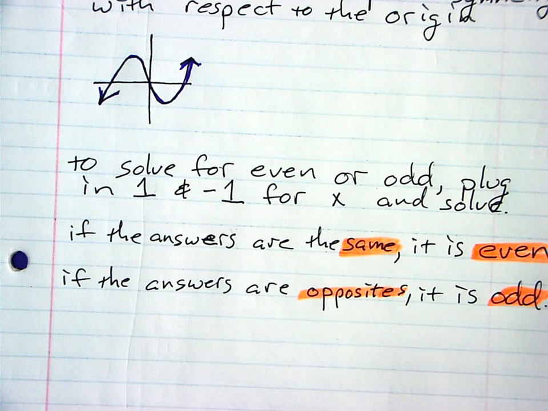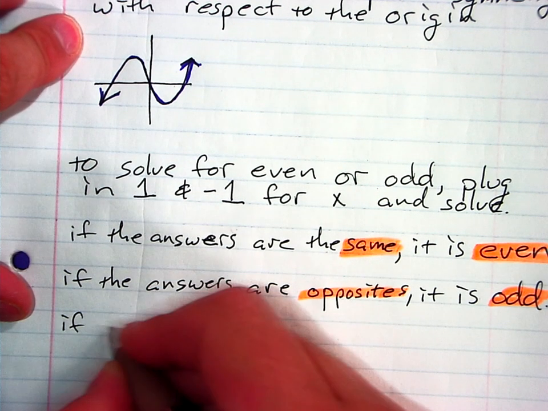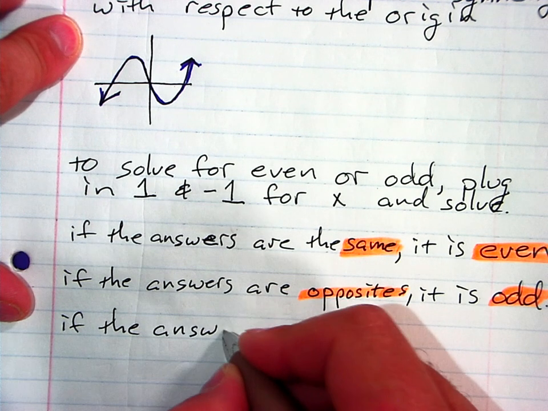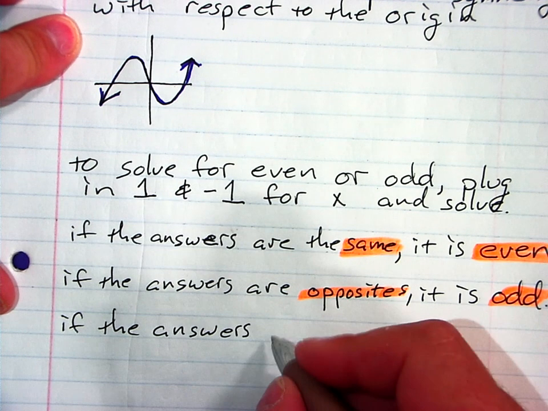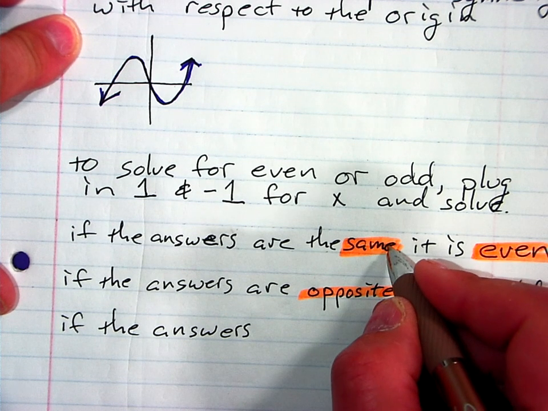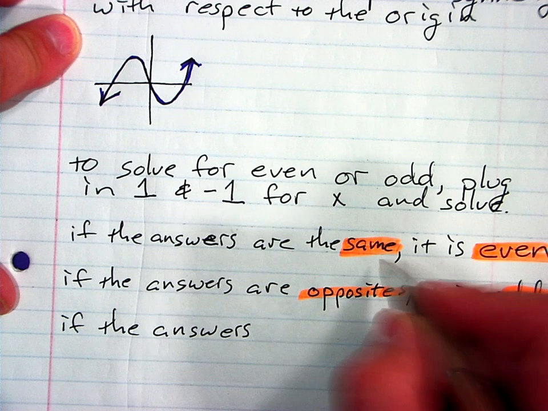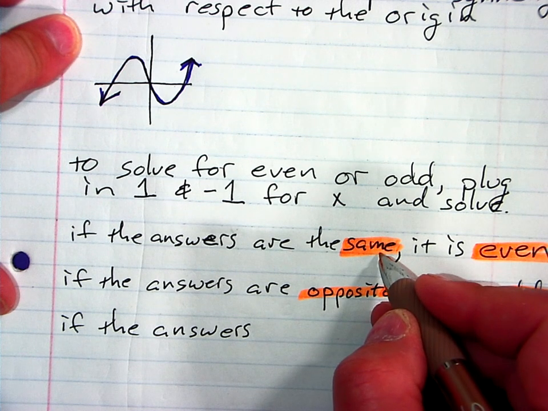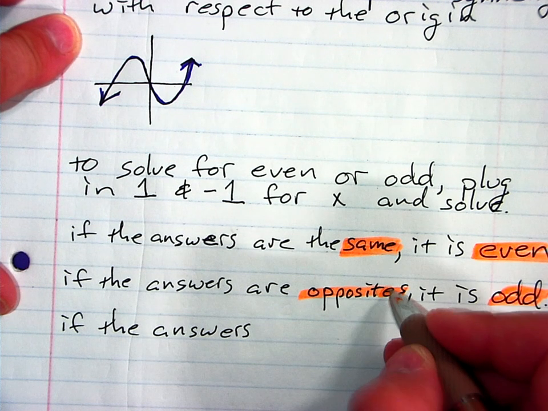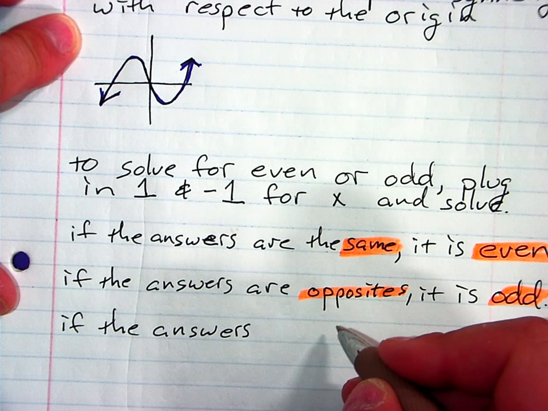Yelena, what happens if the signs are different? What would my answer be? If we plug in 1 for x and it comes out to be 2 on both of them, and on this one it comes out to be 2 and -2, what happens if it comes out to be 3 and 1?